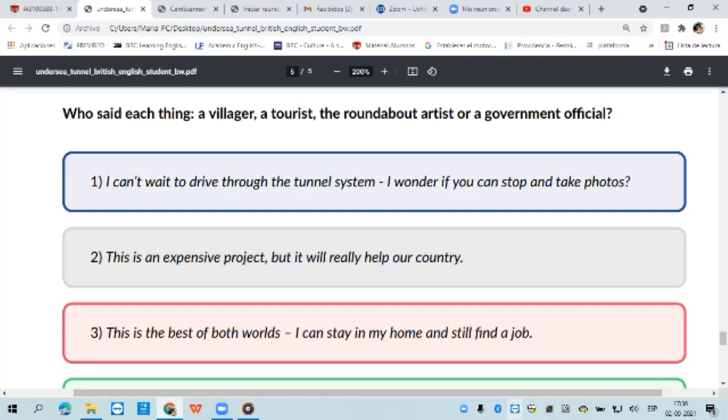Let's see the second one. Who can read the second one? This is an expensive project, but it will really help our country. A government official. Why do you think so?